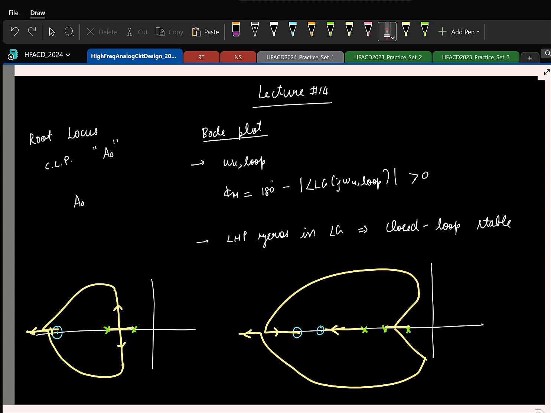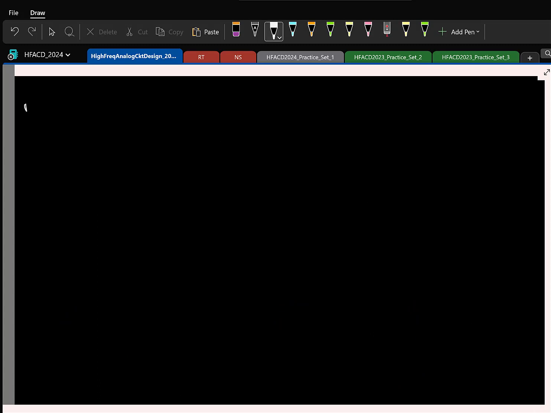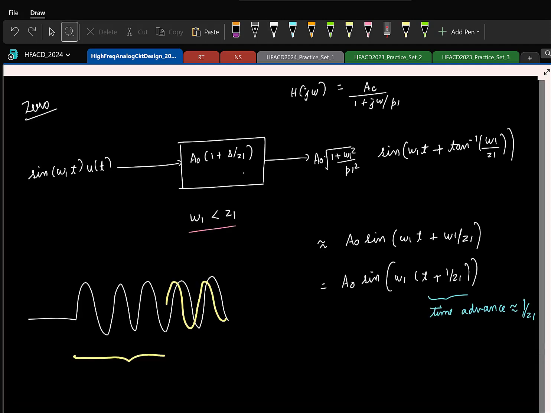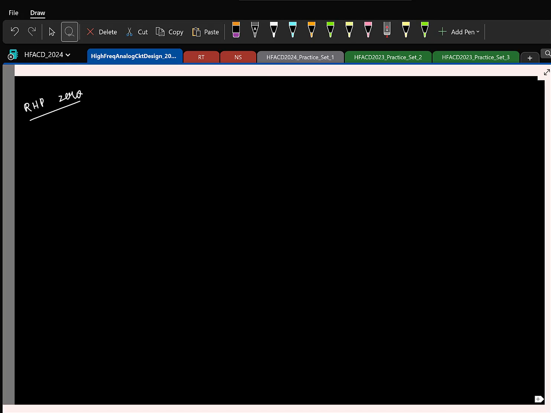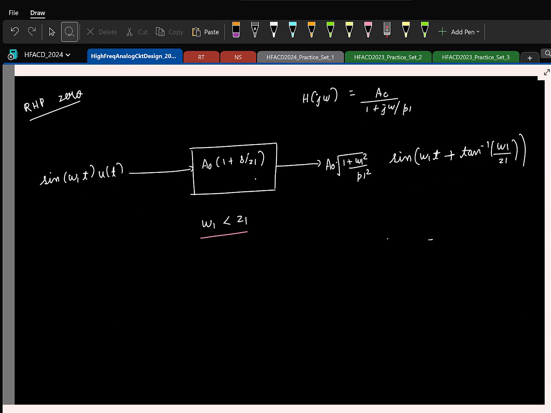Cool. So now that we have seen LHP zeros, let's also look at RHP zeros. So again, I don't want to do the calculations again. Let's see if I can copy this. Right. So it's an RHP 0, so I have 1 minus S by Z1. So what changes here? In this expression, what changes?